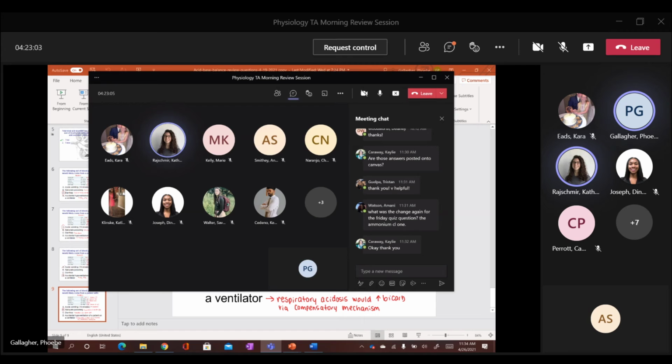I also had another question about his questions. Do you think he's going to give us the normal values, or should we probably know them? Yeah, I memorized the normal values. I don't remember if he gave you the normal values, but just to be safe, you should, especially since his practice questions don't refer to the normal values.